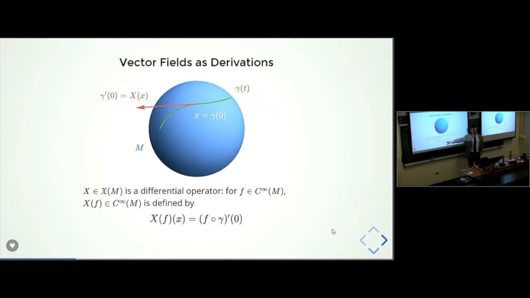Well, I know how to take that derivative, right? That's calc 1. And so that's the value of this function, Xf, at the point x. And I can do it at any other point, and this all works out. And you have to convince yourself that it didn't matter which gamma I chose, et cetera.